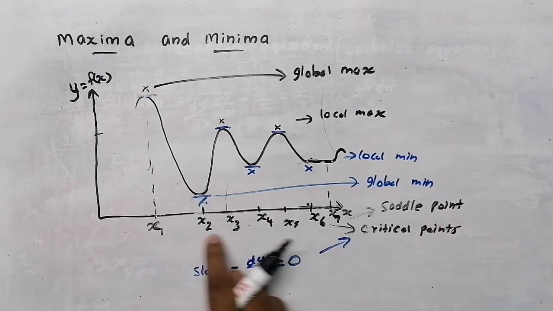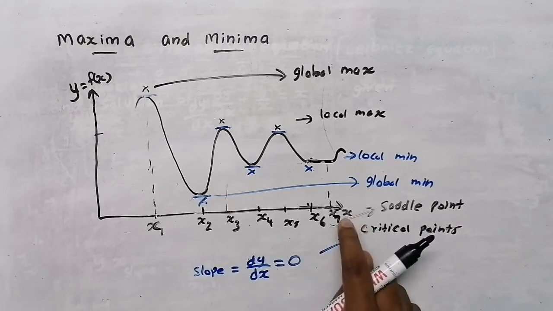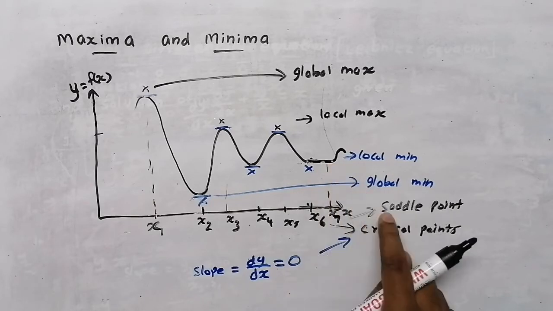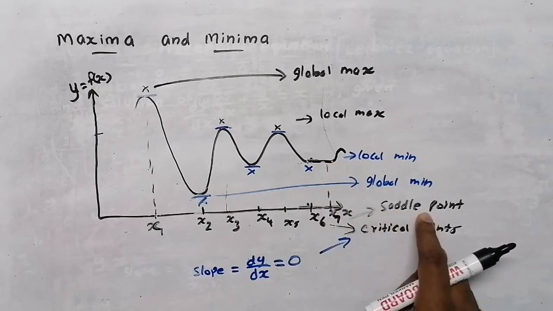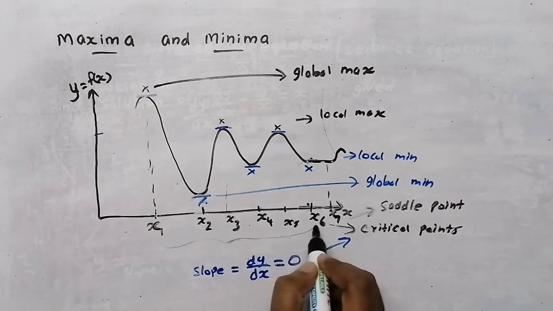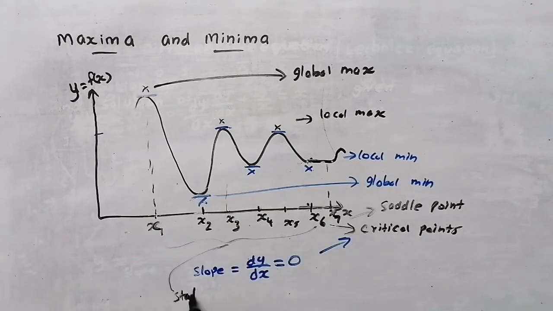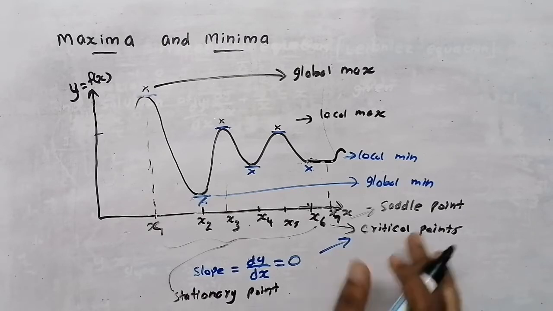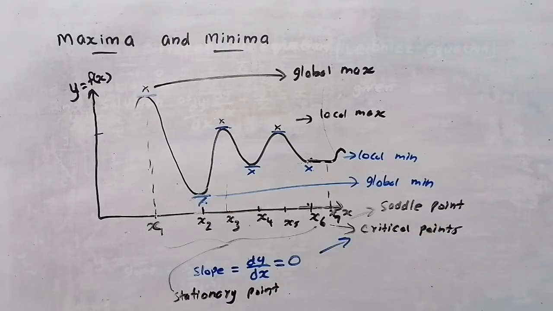Now all these points are critical points, and the point at which the slope is 0 but the function is not changing is the saddle point. Removing the saddle point, all other points are known as stationary points.